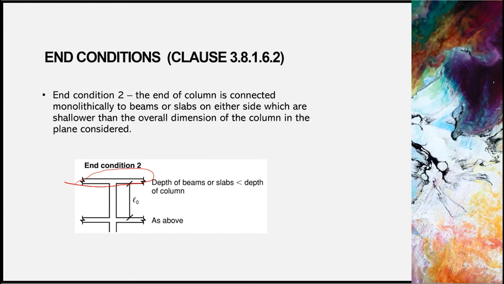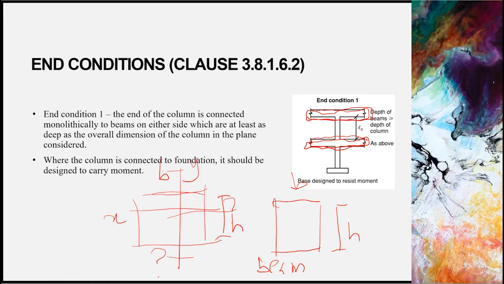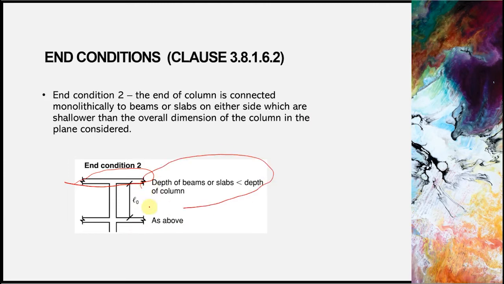So beam ataupun slab apa-apa yang connected dengan column ni, dia less than depth of column. Kalau you tengok sini bigger, yang end condition number 1, this one dia less lah. Jadi dia adalah end condition number 2.